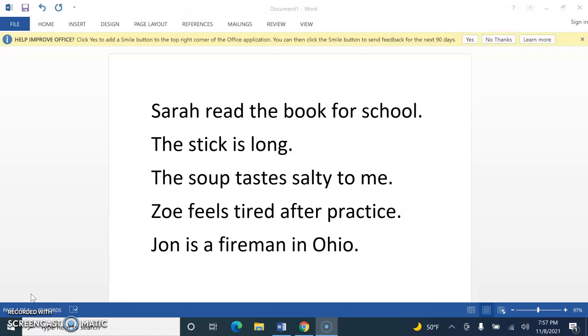Eli felt very small at the giant park. Eli is the subject. Now, felt can be an action, but does the sentence say that Eli is actually touching something? No, it's telling you how Eli felt. He felt small. So, felt in this case is a linking verb.